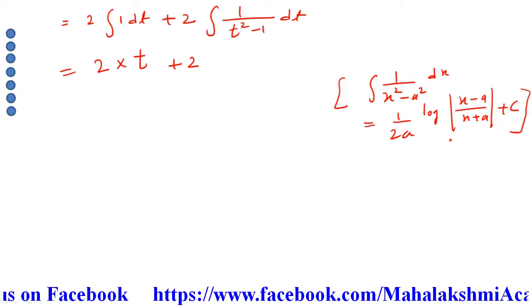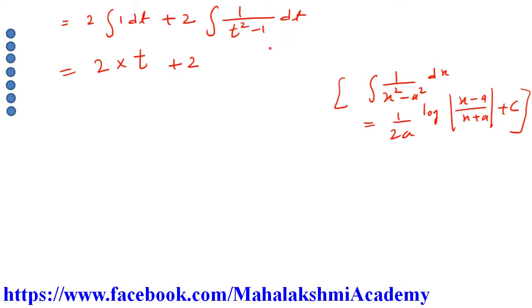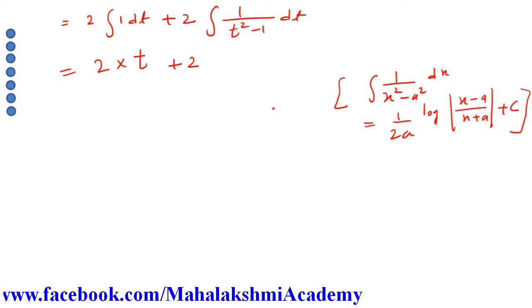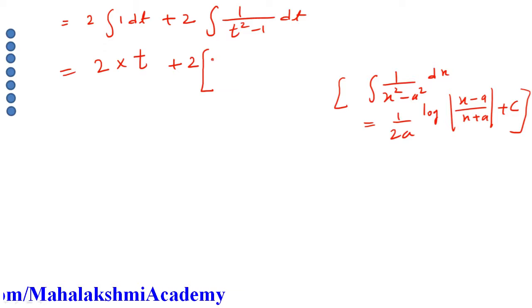So this formula I am going to use. According to this formula, what is our a? a is 1. So here, first I am using the bracket. What we have here is 1 upon 2 multiplied by a. What is a here? 1, because 1 we can write as 1 square.